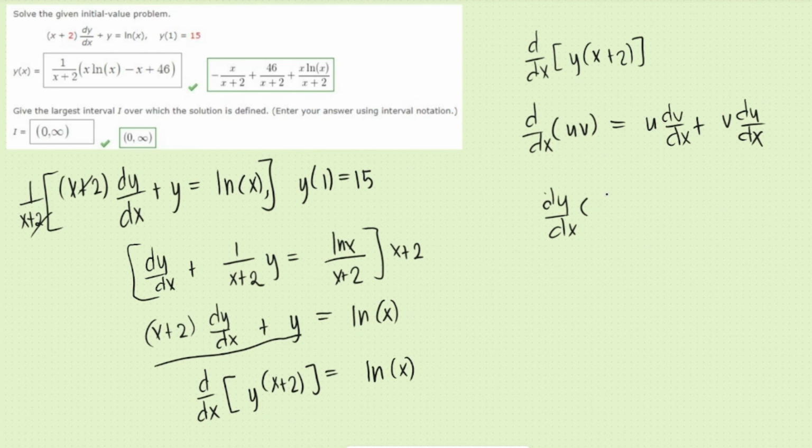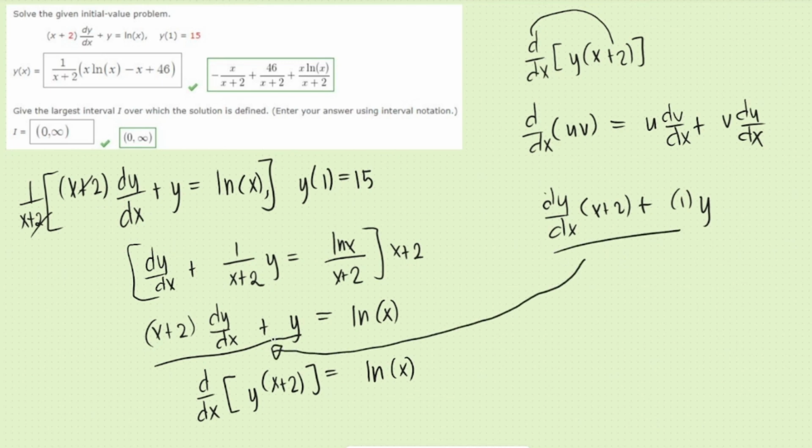We copy the x plus 2, plus the derivative of x plus 2 in terms of x, which is just 1, times y. So this is the same thing as (x plus 2) dy over dx plus y. So basically, this is true.